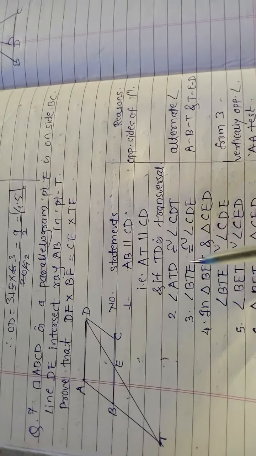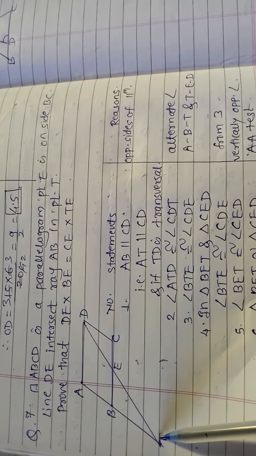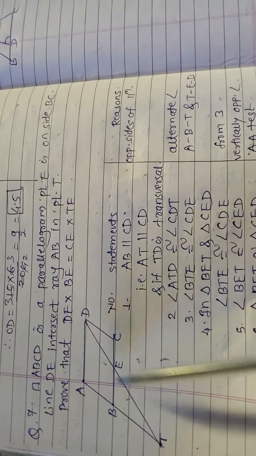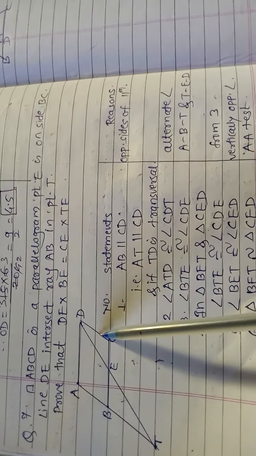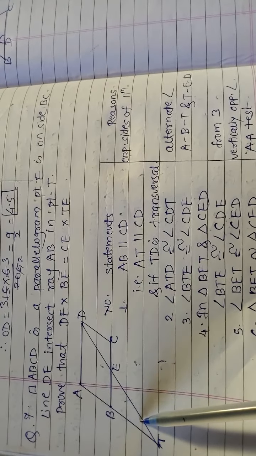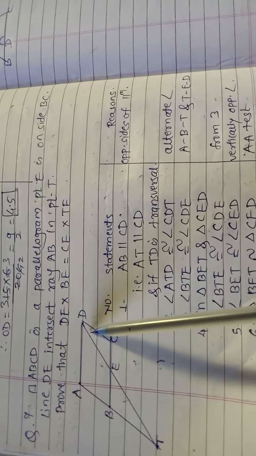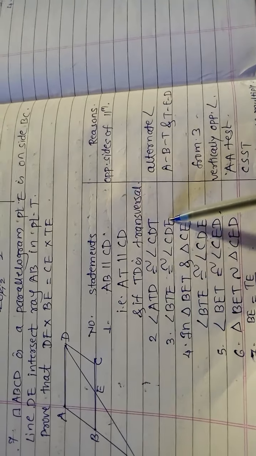So in triangle BET and in triangle CED, we have to see these two triangles. We already proved that angle BTE is congruent with CDE, from 3.